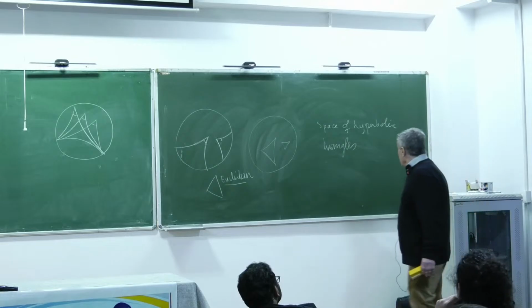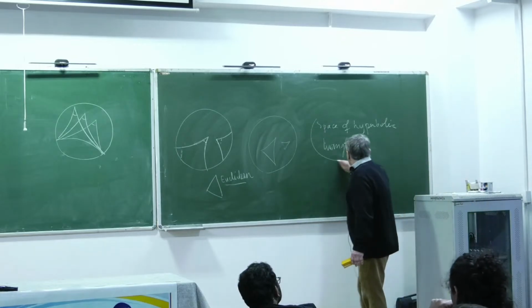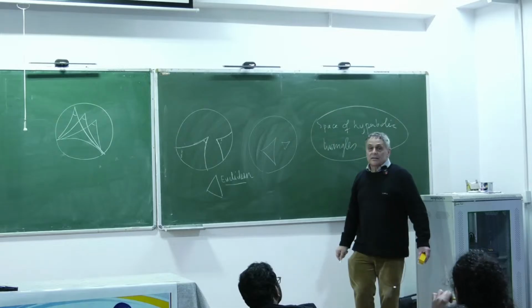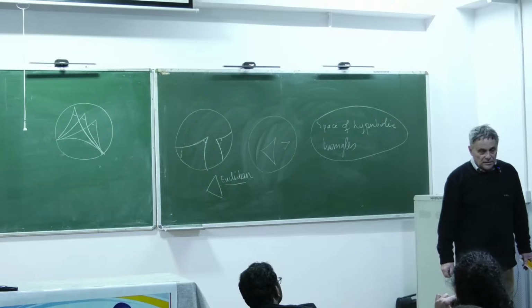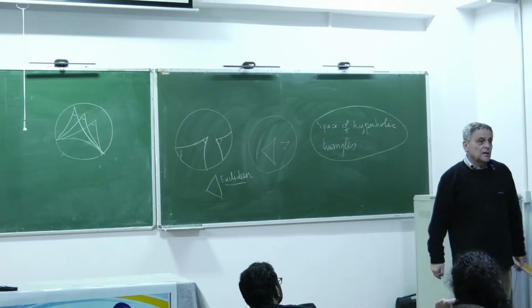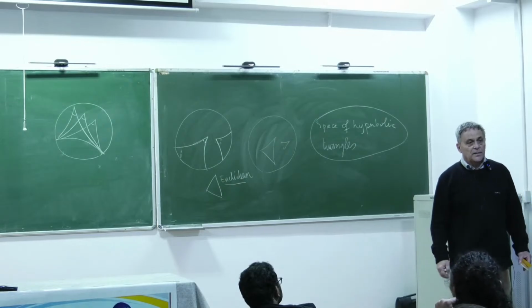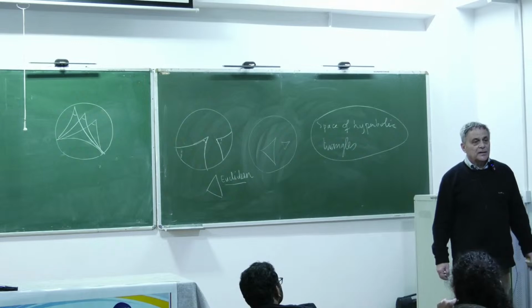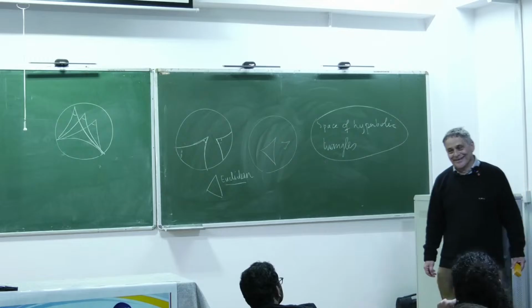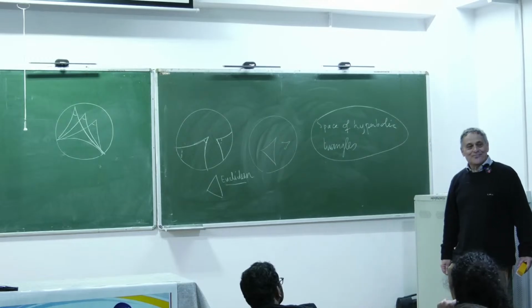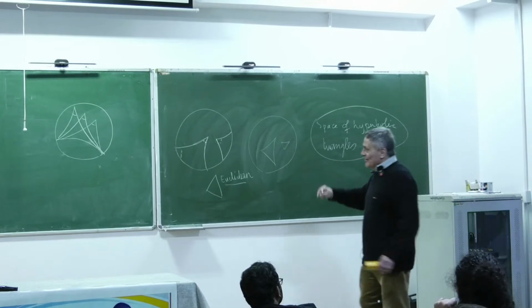But for the space of hyperbolic triangles, I don't have any interesting results. So this is a problem where one of you, if he or she works day and night on this during 1 or 2 years, you will have some results on this.